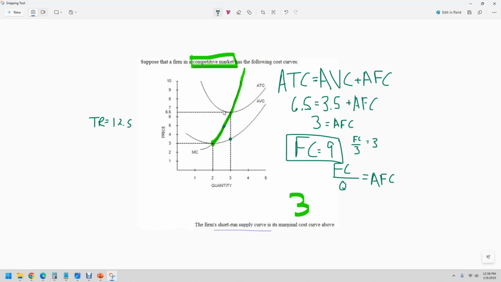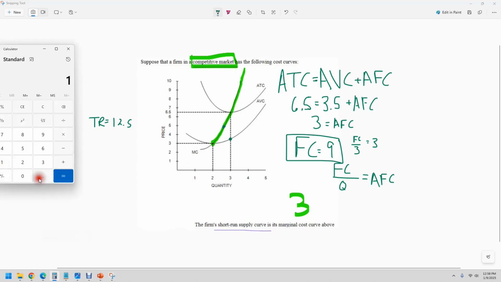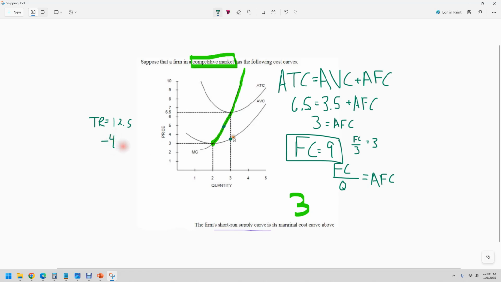We could say that's like 660 minus 5, so it'd be like 160 times 2.5, which is our quantity. And we'd be losing 4. Area-wise, you're going to be losing this amount here. This would be your loss. But I'd rather lose $4 than completely shut down and lose 9.